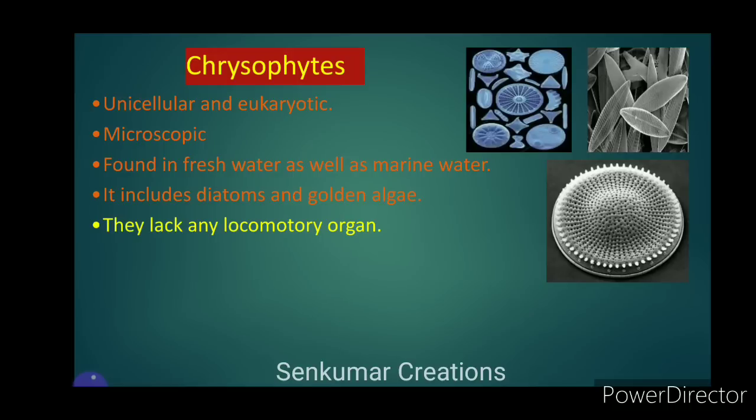But chrysophytes have no locomotory organ. See this picture, you can see very clearly there is no whip-like structure or hair-like appearance such as cilia or flagellum. So they lack any locomotory organ and are mostly photosynthetic organisms. We are studying the photosynthetic classification only. Photosynthetic means it contains the chlorophyll pigment for the process of photosynthesis.